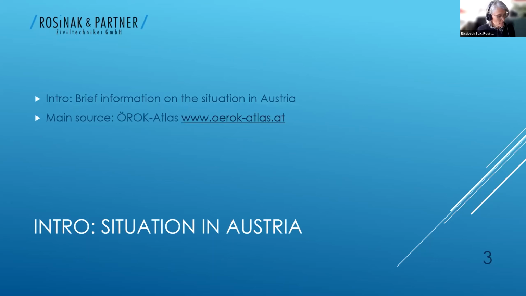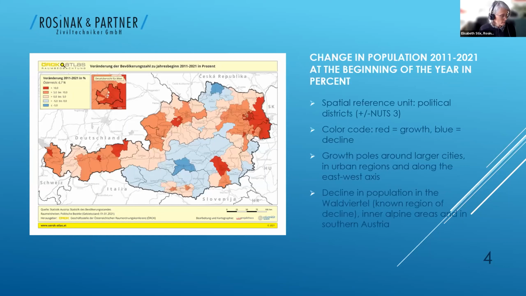For the intro, the situation in Austria, I will show you some maps from the Euroc Atlas. That's a free atlas. You see the website here where you can have a look at it. And here in the first map, you will see the population change from 2011 to 2021 in Austria.